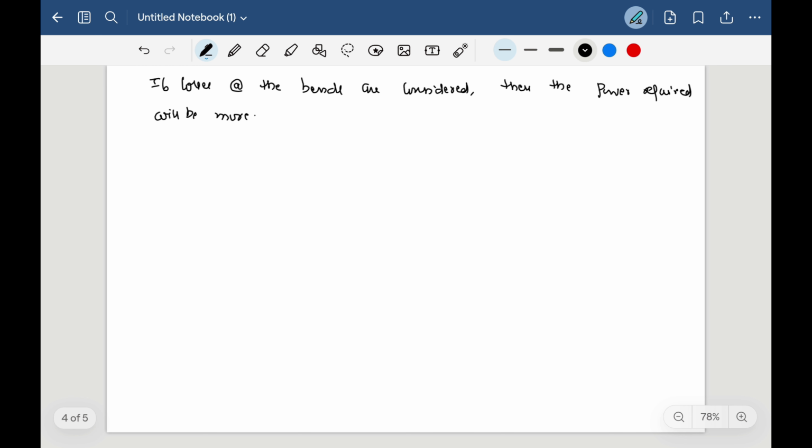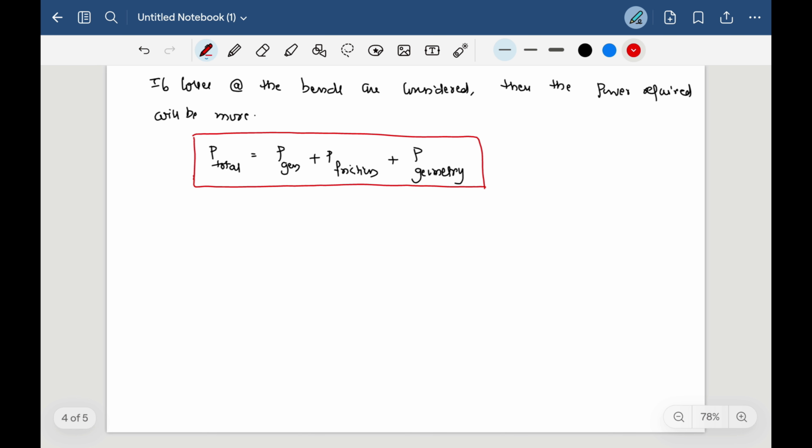That means total power required is equal to the general formula as usual, plus power for overcoming the friction, plus power for overcoming the geometry. If geometry and friction play a role, finding the power requirement from rho Q GH will not be workable.